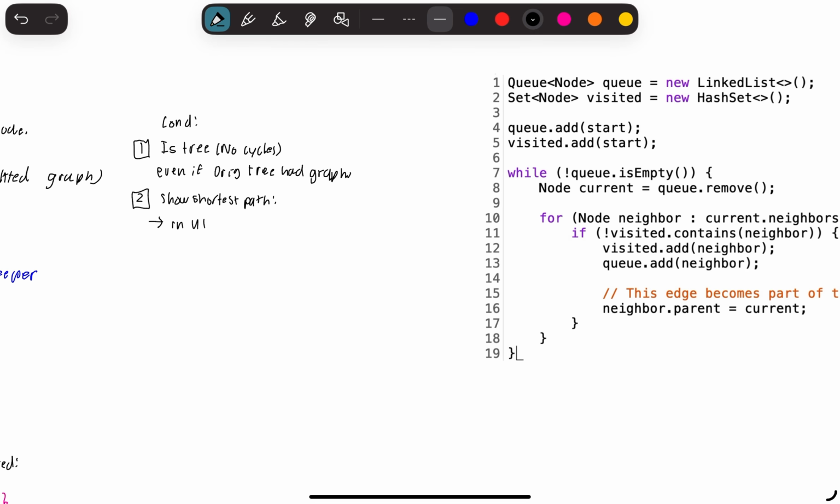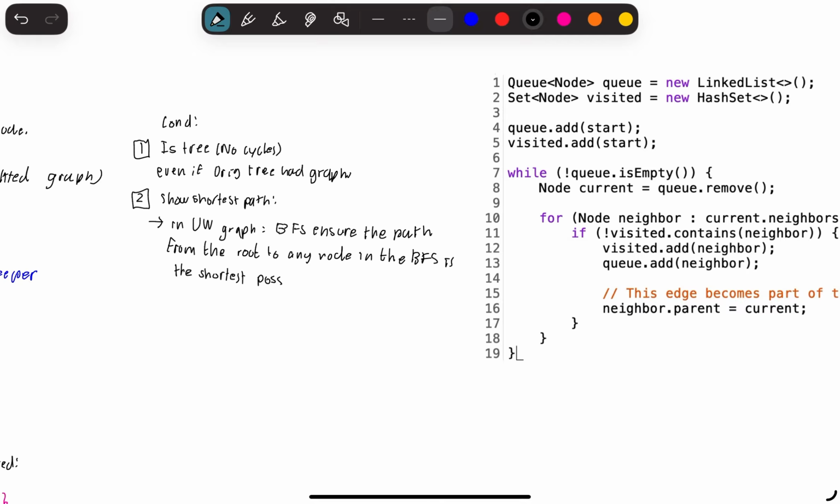So in an unweighted graph, your BFS is going to ensure that the path from the root to any node in the BFS tree is the shortest possible path, which means that it has the fewest edges.